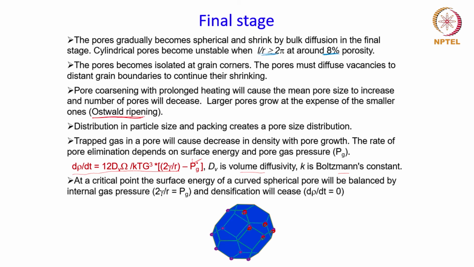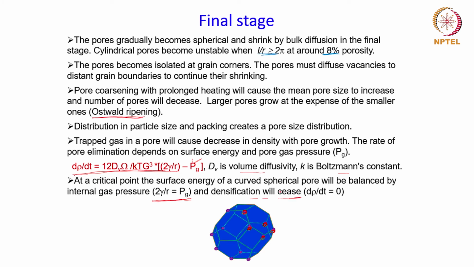So from here you can see that at a critical point, when the surface energy of a curved spherical pore becomes equal to the gas pressure, or in other words, when the internal gas pressure balances the surface energy of the pore, that means these two are equal, then from this equation you can see that d rho by dt becomes equal to 0, which means the densification ceases.